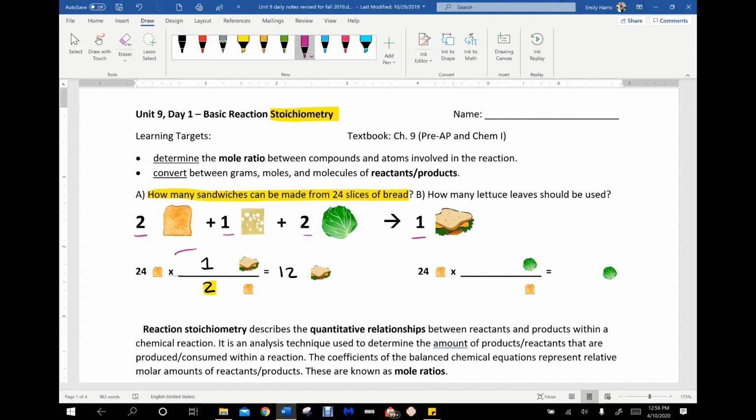Now, this little ratio here that says 2 pieces of bread produce 1 sandwich is what we call the mole ratio. Here, we're not really dealing in moles, we're just counting with whole numbers. But the idea is this ratio is going to come from the coefficients of the chemical reaction, so it tells us how many of each reactant and how many of each product.